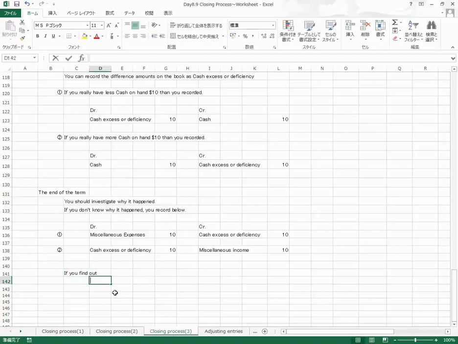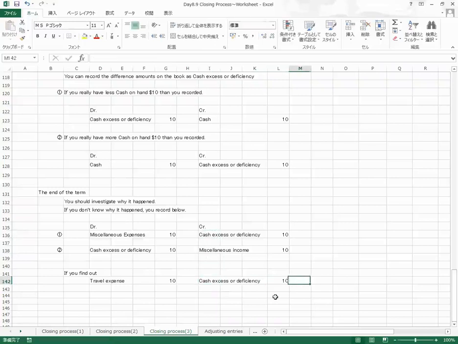For example, travel expense 10 and cash excess or deficiency 10.